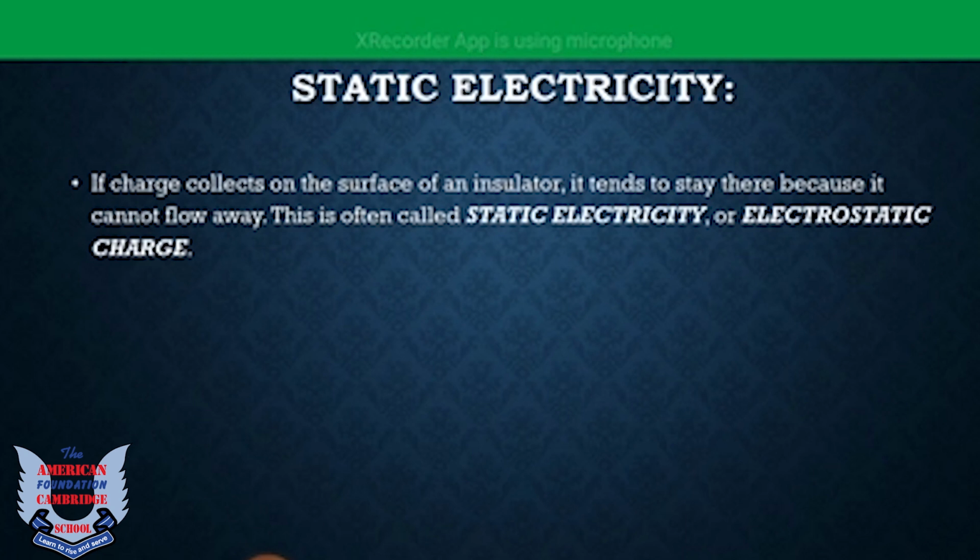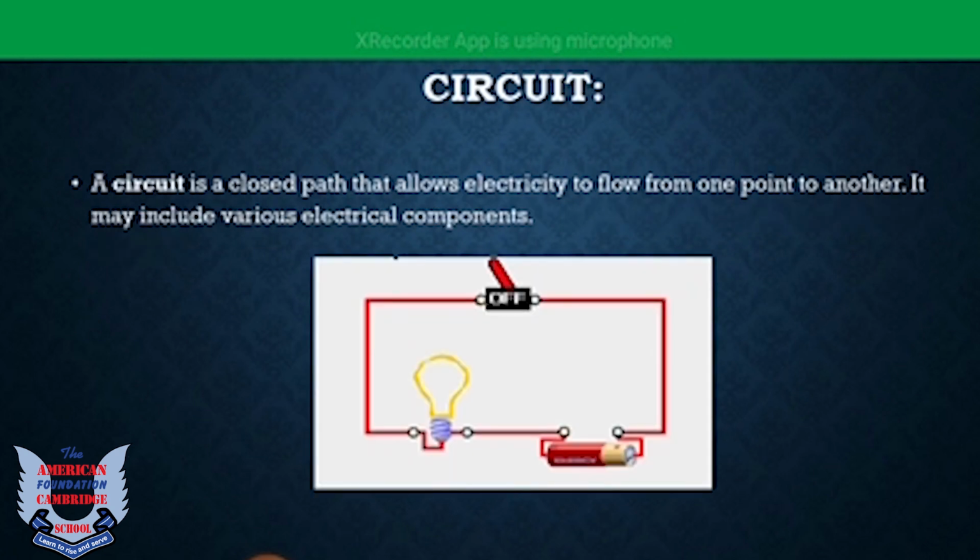Now, one more important concept: the circuit. A circuit is a path from where the current flows. One more very important condition for the flow of current is that the circuit should be closed, because the current cannot flow through an open circuit.